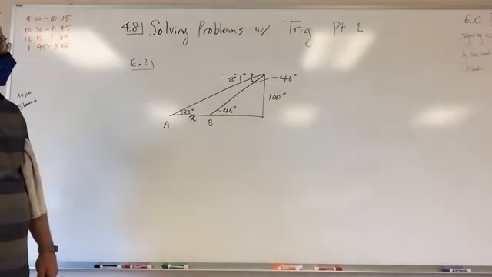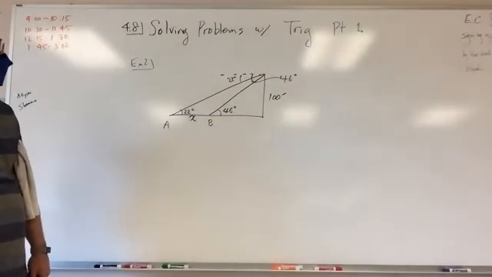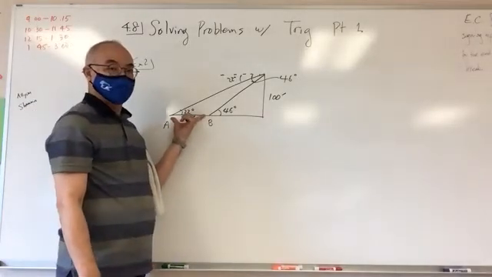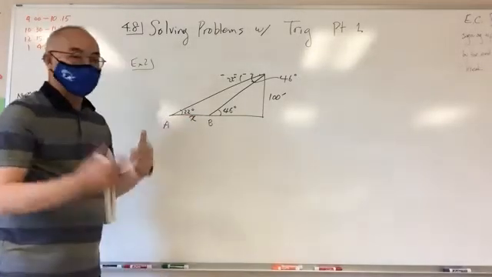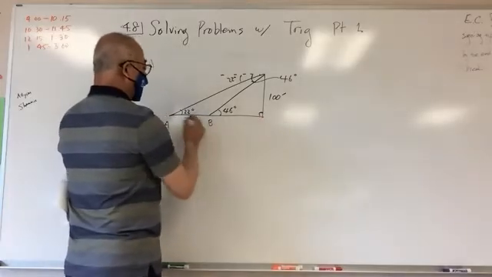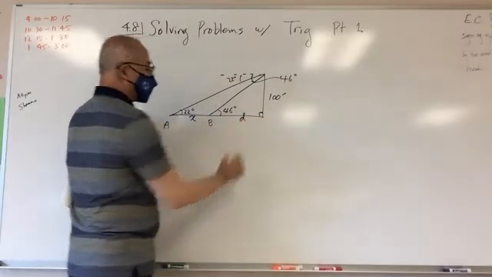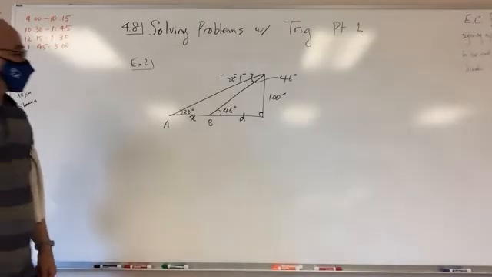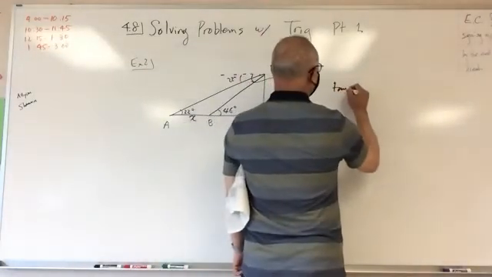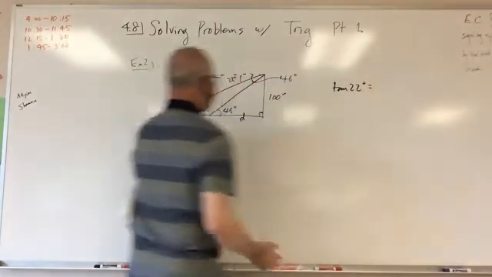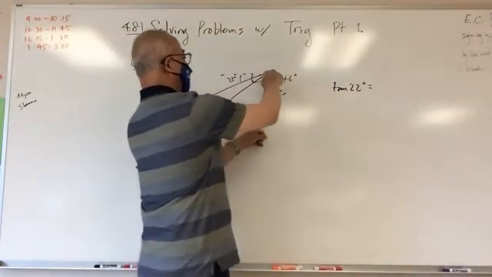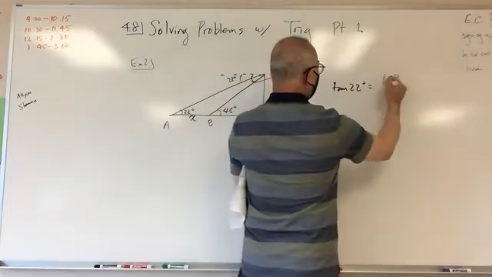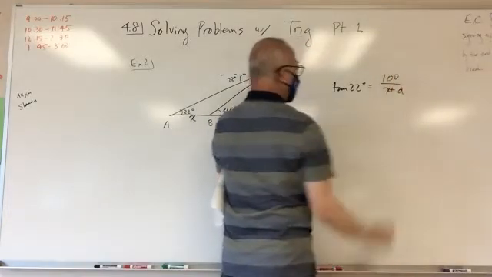There really is no tangent or cosine I know that's associated with just x. Everything I know is in the right triangles. If I call this distance d, the tangent of 22 degrees is this side over this side, so it's 100 over x plus d.